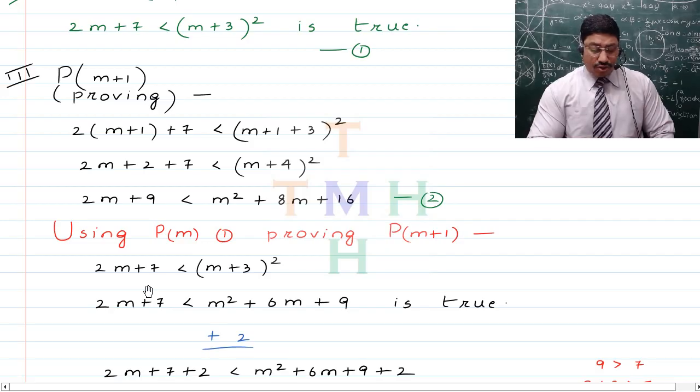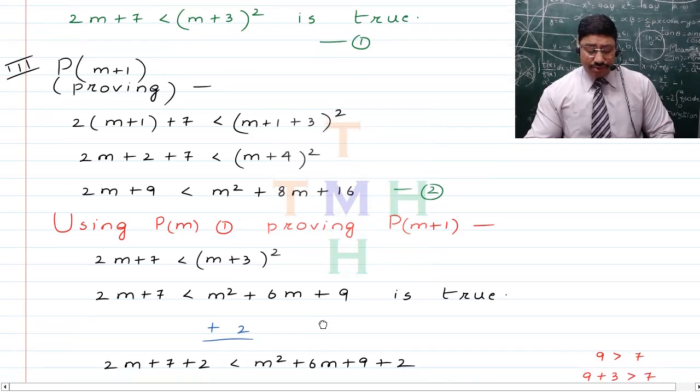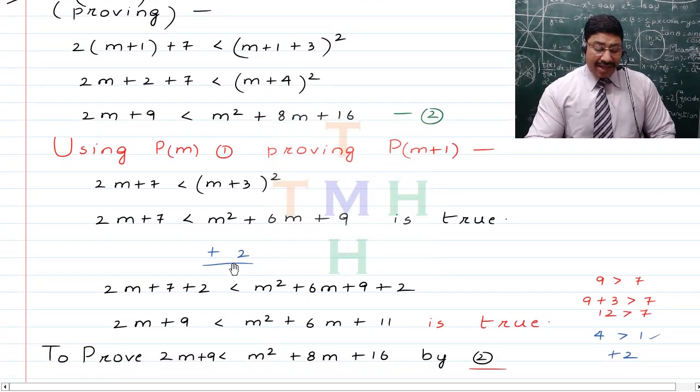Now if you talk about P(m plus 1), then we find that on the left hand side actually 2 is more from what it was in Pm. So let's try this out, probably this will work out. So we will be adding 2 on both the sides to quickly try and see what the change is going to be. So when we add 2 to both the sides, we will get on the left hand side 2m plus 7 plus 2, that is 2m plus 9.